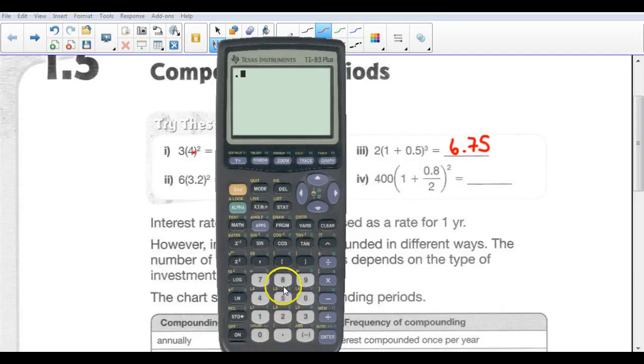So I take 0.8, I divide that by 2, equals, and I get 0.4. I add 1 to it, and I get 1.4. That's what's in the brackets. Then I put it to the exponent of 2, so go up arrow 2, get an answer, and then I multiply it by 400. And I get an answer of 784.